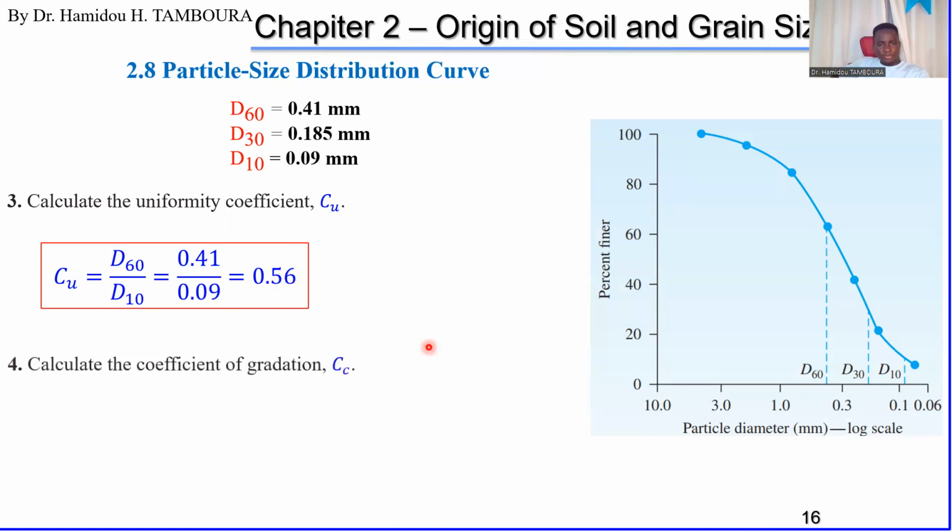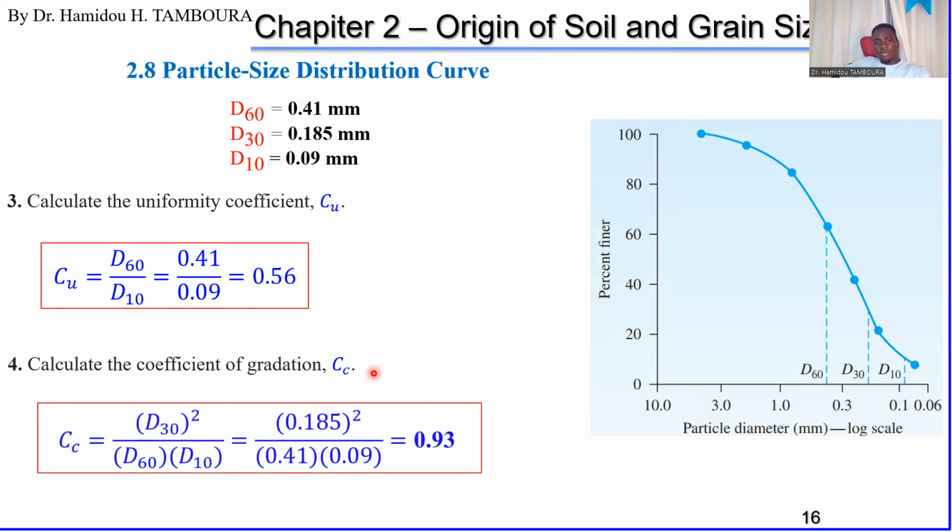And then the coefficient of gradation. That one is obtained by this formula. So it gives us 0.93. Yeah. So I think that's all for this eighth part of this chapter.